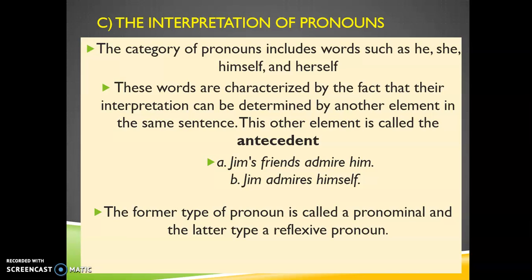Not necessarily am I talking about Jim. Okay, it can refer to Jim, but it can also refer to any other person. But what happens with Jim admires himself? What happens here with the reflexive pronoun? It cannot represent anyone else but Jim. It cannot represent another person. It's talking about Jim. Alright?